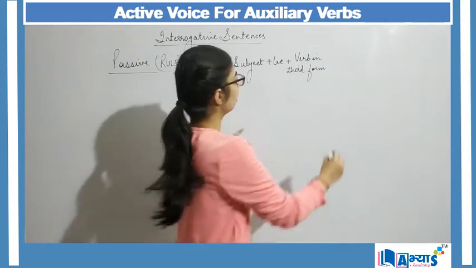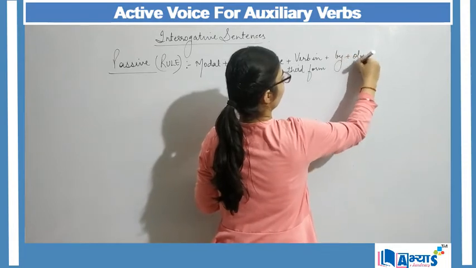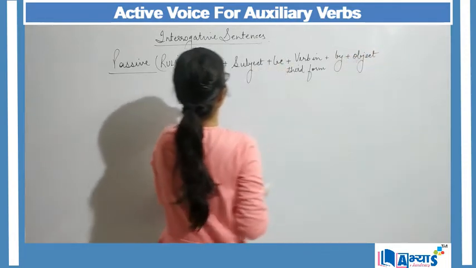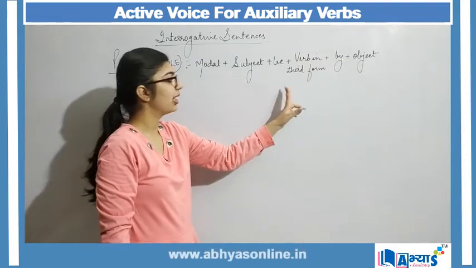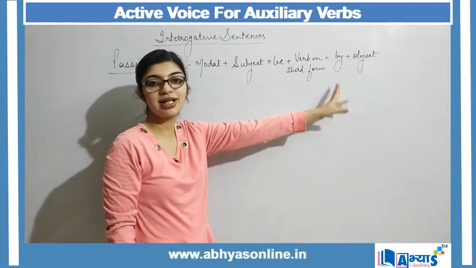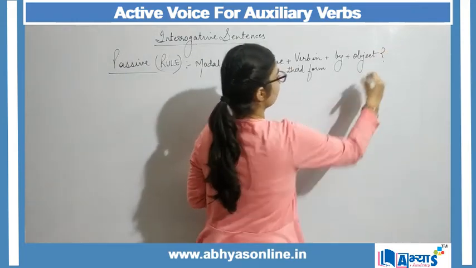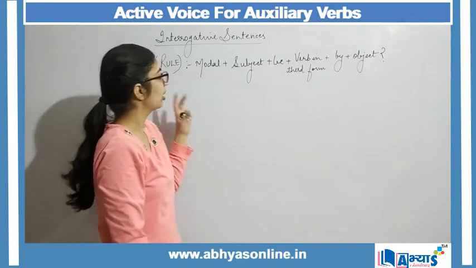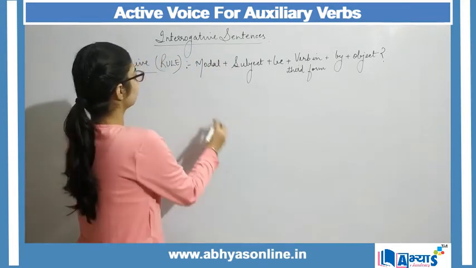Verb in third form plus by and then my object. So modal plus subject followed by be plus verb in third form plus by and then the object, and then a question mark. Why a question mark? Because I am making use of interrogative sentences.